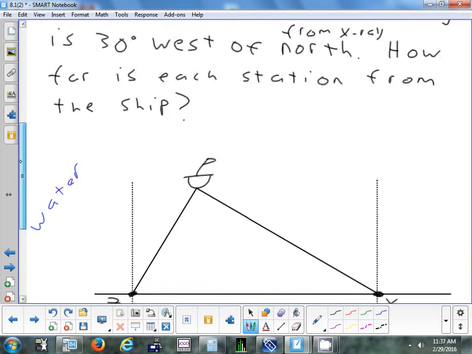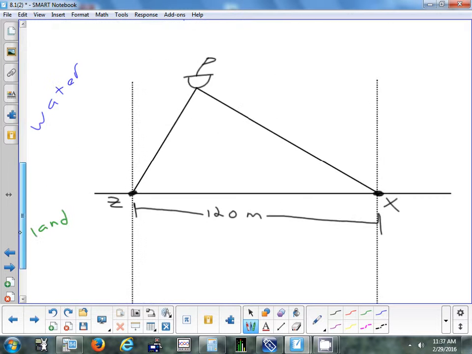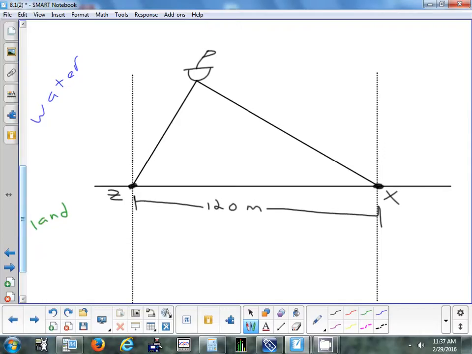All right, so let's read what it says. The call to Zulu indicates the bearing is 40 degrees east, or you could think of it as 40 degrees to the right of north from Zulu. So where would that 40 degrees go if it's 40 degrees east of north? Where would I put that?